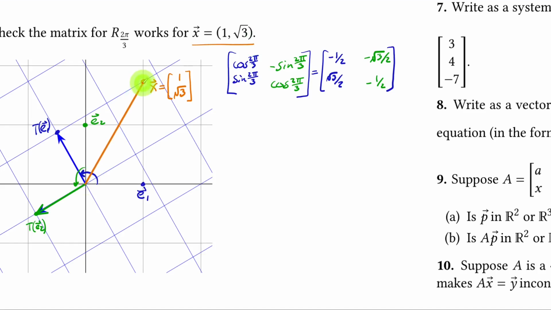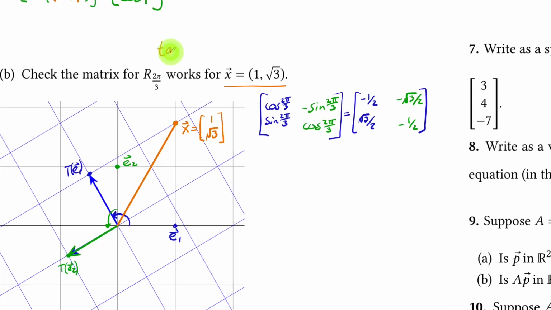For example, tangent of pi over 3 is root 3 over 1, and sine of pi over 3 is, of course, root 3 over 2. The y coordinate here is root 3, and if you use the Pythagorean theorem, you get the distance is 2. So that's the angle that this is at.